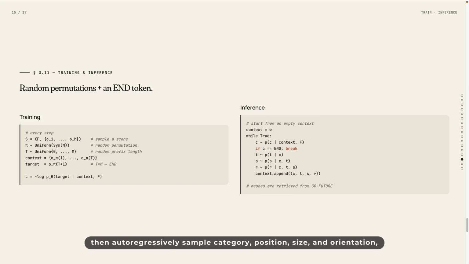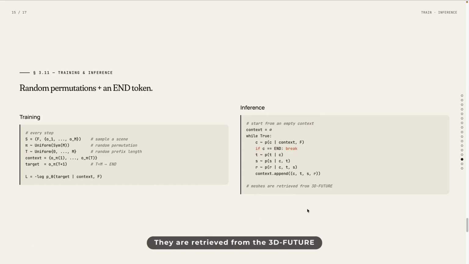The actual 3D meshes aren't generated. They are retrieved from the 3D-FUTURE library by matching bounding box dimensions. That's one of the reasons inference is so fast.